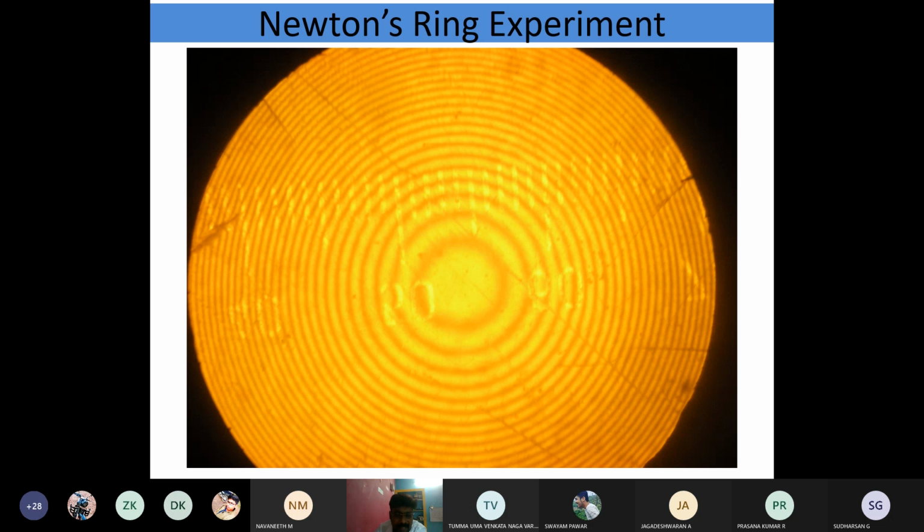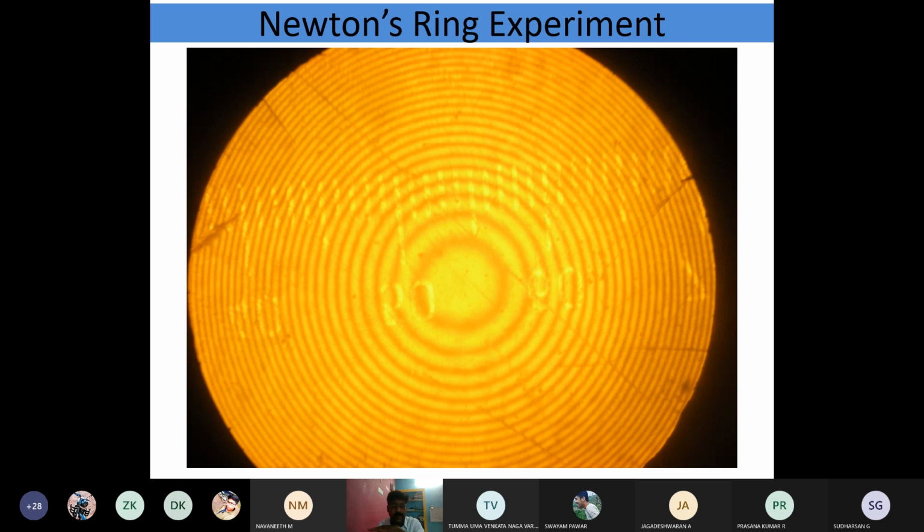Our consideration is from left to right, not from top to bottom. Left to right is the horizontal base. Left, right is horizontal; top, bottom is vertical. So we are going to consider only the horizontal.